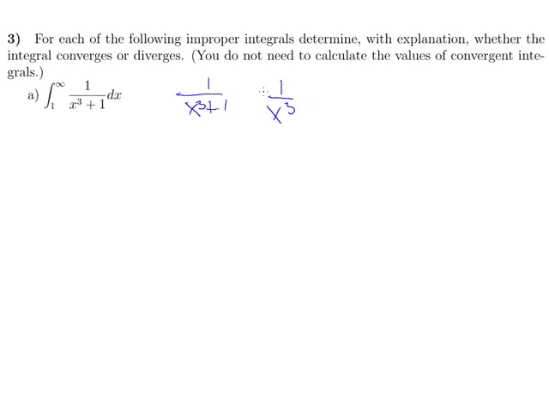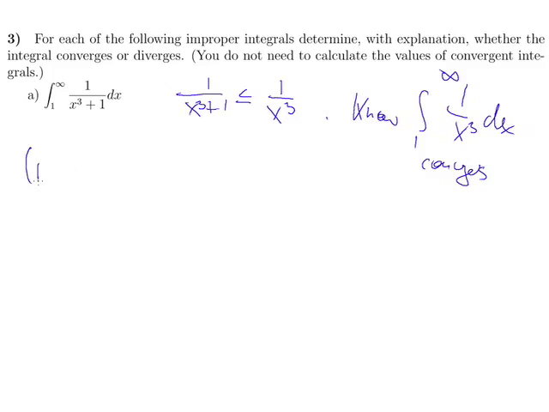What can we tell about these? Well, x cubed plus 1 is greater or equal than x cubed. So 1 over x cubed plus 1 is always smaller or equal to 1 over x cubed. We know already from the lecture that the integral over 1 over x cubed converges, because this is an integral for a power of p.